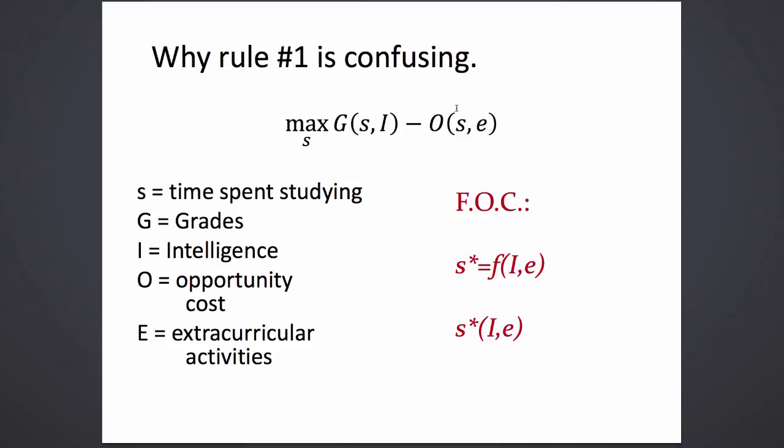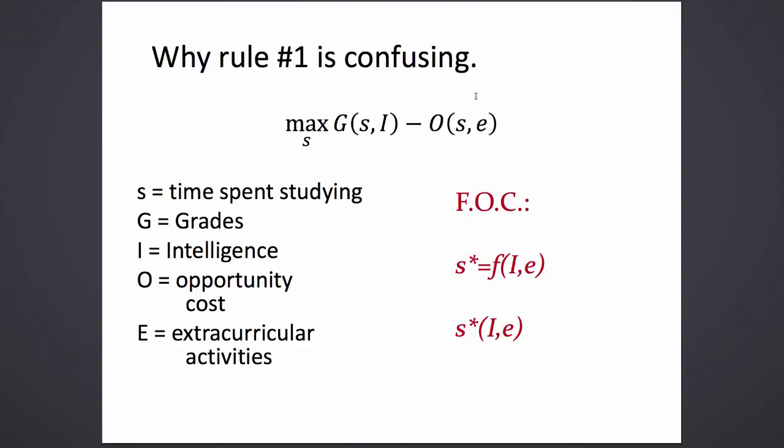This rule can actually be very confusing, and the reason is it feels kind of okay for the time spent studying to be a function of intelligence, which is the exogenous variable. That feels okay because it's actually at the other side of the modeling process.